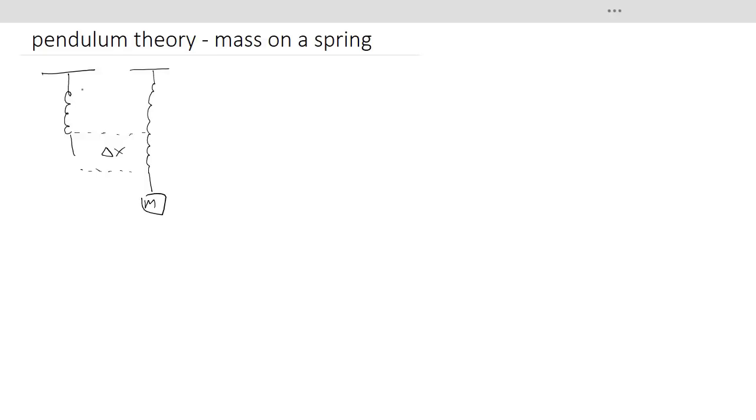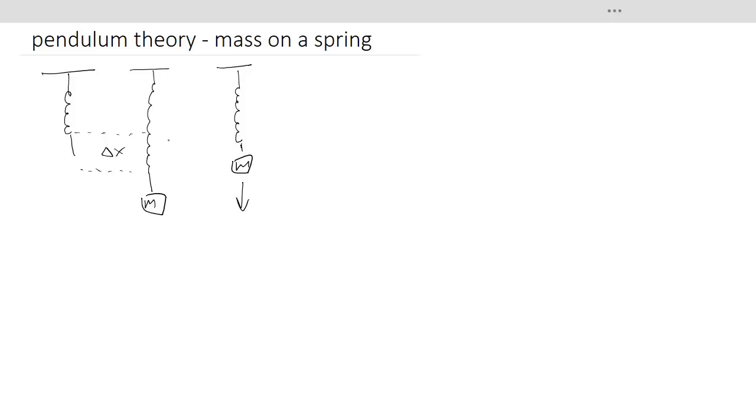This brings the spring to some new equilibrium position, because if I hang the mass from the spring, eventually it's going to come to a stop, and it's just going to be a stretched spring. If I push the mass up some distance above that equilibrium position, then there's going to be a net force acting on the mass.